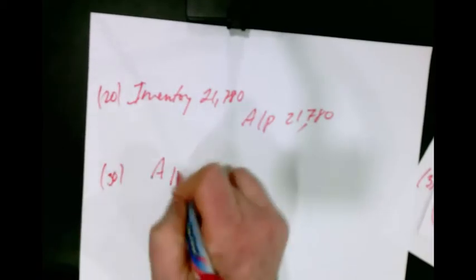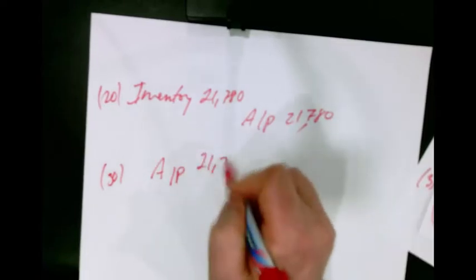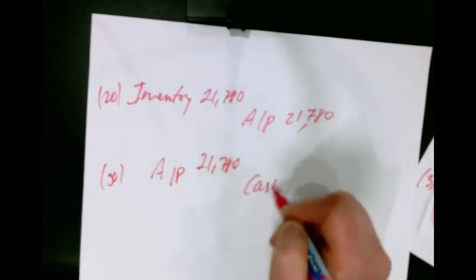This was a transaction on the 20th. On the 30th, paid Caesar Company for invoice on October 20th. Again, they're taking advantage of the discount because it's within 10 days. So simply debit AP 21,780, credit cash 21,780.